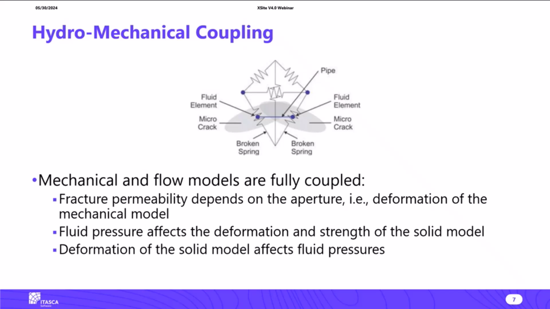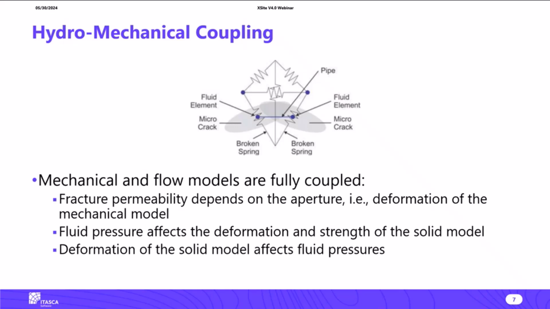But then if the penny-shaped cracks are within some distance tolerance, we assume that they are connected and that there is a pipe that allows pore pressure dissipation during the simulation. So the flow model is represented as a pipe network composed of these fluid elements or micro cracks connected by pipes.